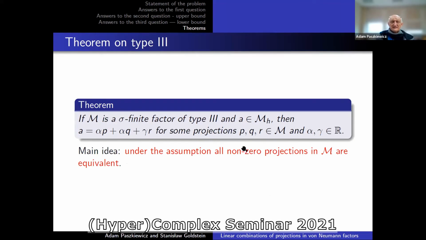And the main idea is that it was a great discovery of von Neumann that in some von Neumann algebra, any projection is equivalent to any other projection by using some quantum dynamic described by this von Neumann algebra.